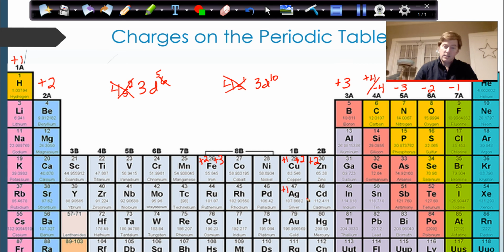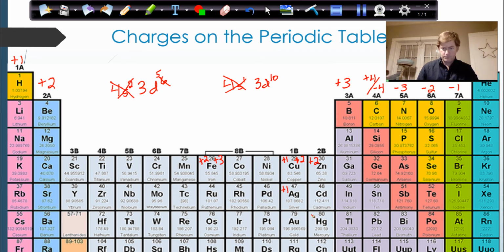But silver is a little bit different, having more protons and more levels there. It actually holds on to that 1 that's in the D, and it only makes a positive 1 charge. So no multiple state charge for silver.